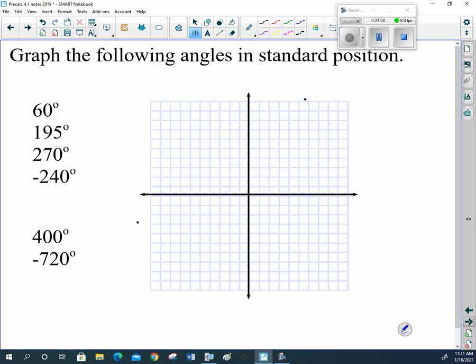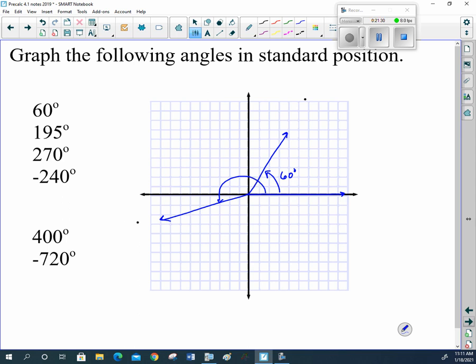Okay, so this says graph all of these in standard position. So you could just make quick sketches of these. So 60 degrees, you're going to start right here. 60 degrees would rotate in a positive direction. And so this is 60 degrees. 195 would be a little bit past 180, so I'm just guessing right here.